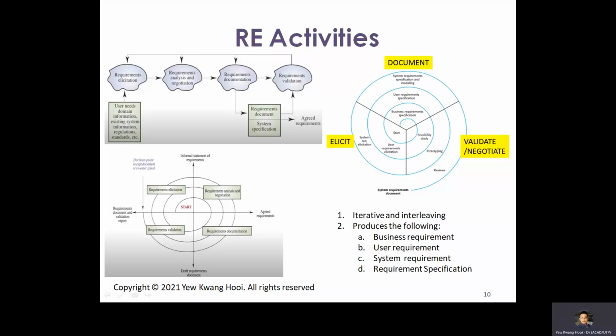And in fact, what has been documented can sometimes become the legal basis in the form of a contract awarded to a developer to build a software. And because requirements determine the success of the software, it is used for validation.